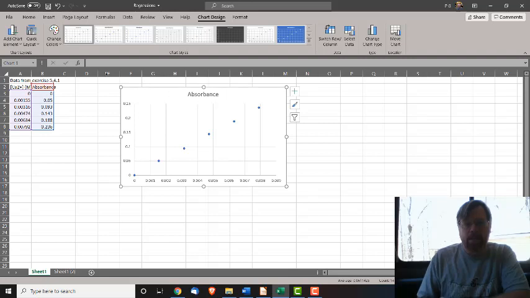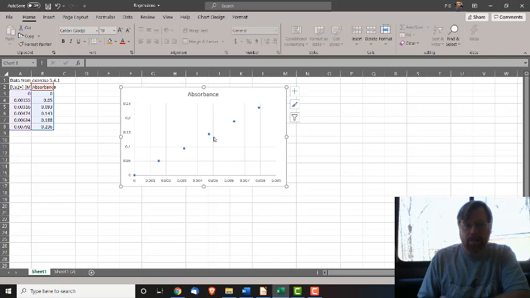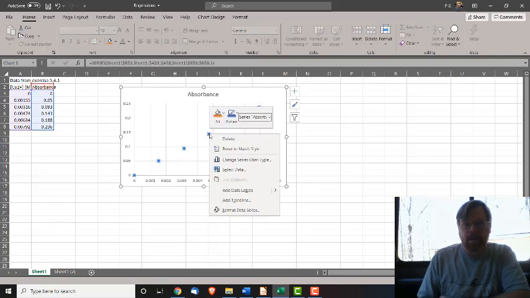You'll notice that before I did that, I highlighted the data I wanted. I'd included the titles, so it gave one of them as the graph title. I can change that later. We're not going to go into making graphs pretty though. If I right click on one of my data points, I can go to Add Trend Line.